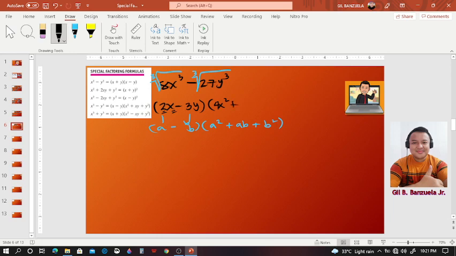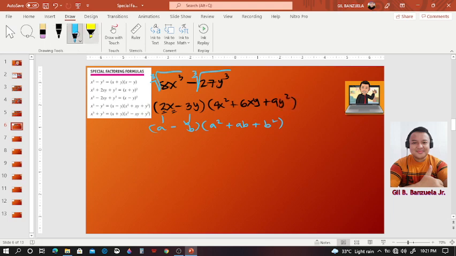Then plus the product of a and b. So you have 2x times 3y. So 2 times 3, 6. Then x and y. So 6xy. Then plus the square of b. Alright. So the square of 3, that would be 9. And the square of y is of course y squared.